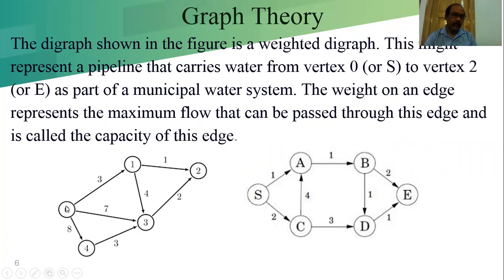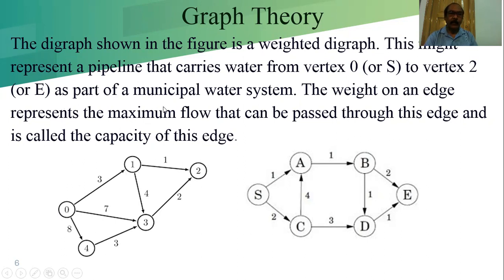So it is starting from 0 to 2. This is our source and this is the sink, where it ends. 0 is the start vertex for figure 1 and S is for figure 2, to the vertex 2. And for the second graph, it is E.